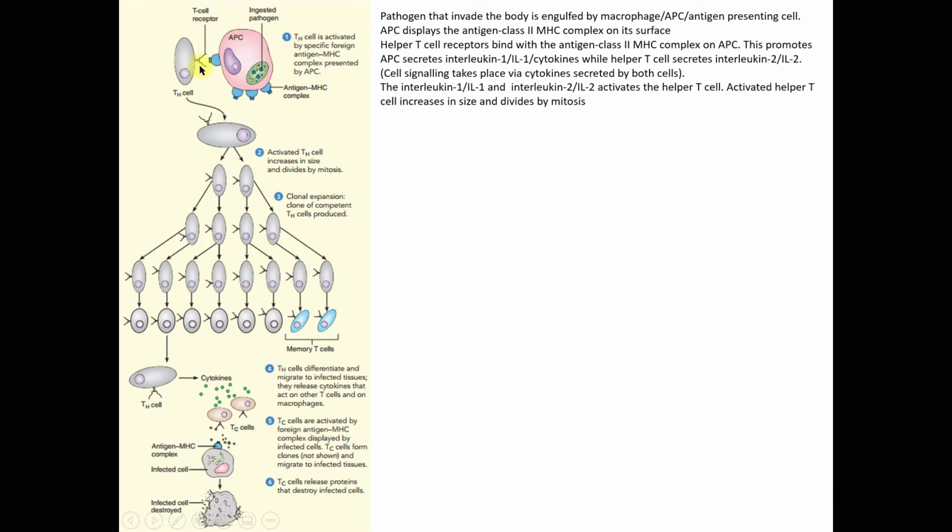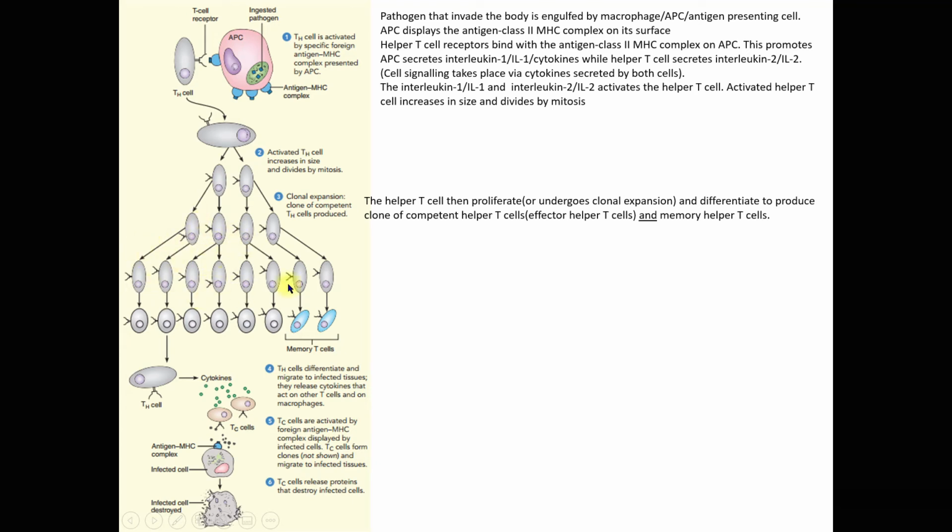Next, the interleukin 1 from the APC and the interleukin 2 from the helper T cell will activate the helper T cell. Now, this activated helper T cell will increase in size and divide by mitosis. You can see this activated helper T cell increase in size and then divide by mitosis. Next, the helper T cell will proliferate, or undergo clonal expansion.